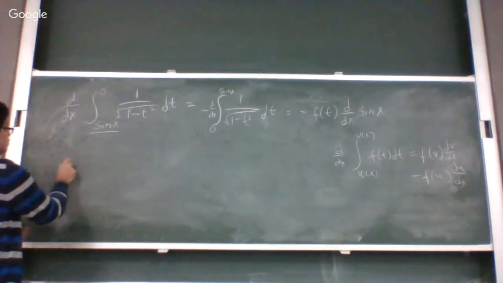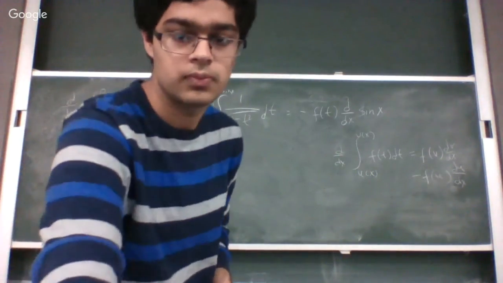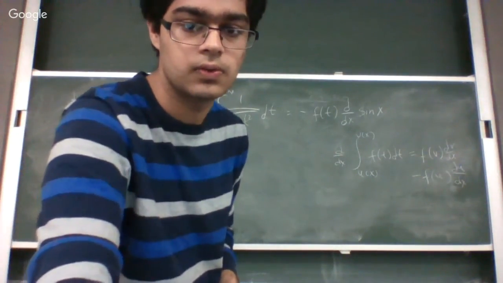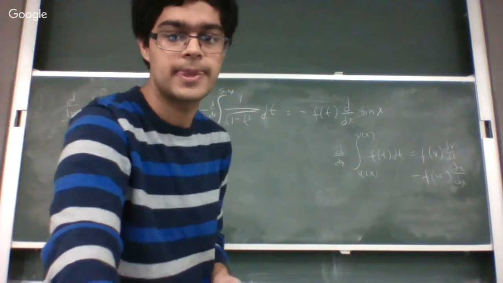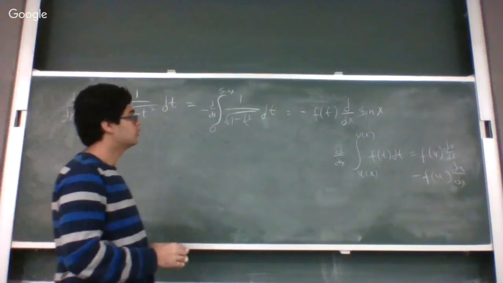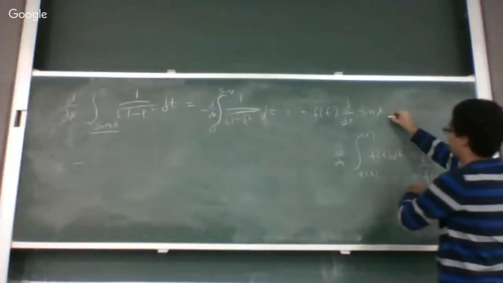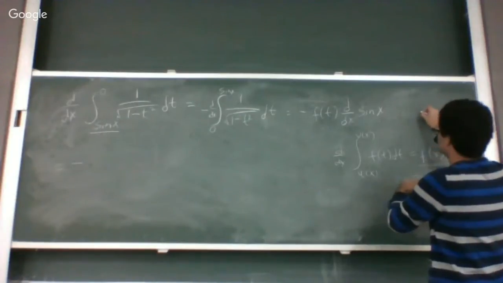So this is equal to minus f of sine x as our first part, and then we'd have minus a minus 0.